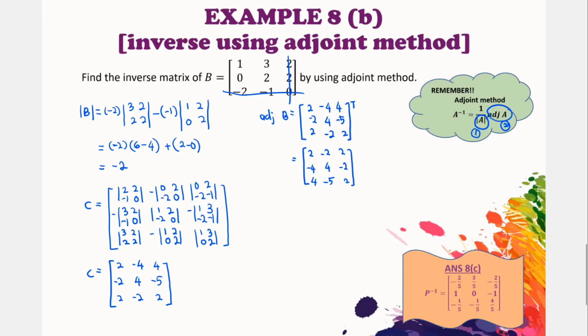Now we already have the value of the determinant, and we already have the value of the adjoint matrix B. Now we can substitute into the formula. So B inverse will be equal to 1 over determinant, which is negative 2, multiplied by the adjoint matrix.